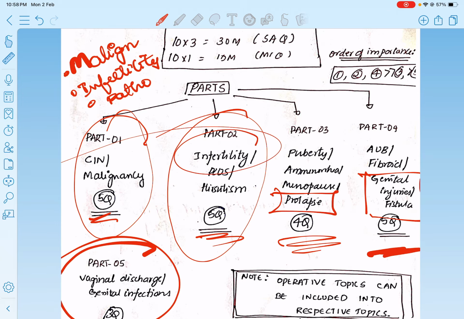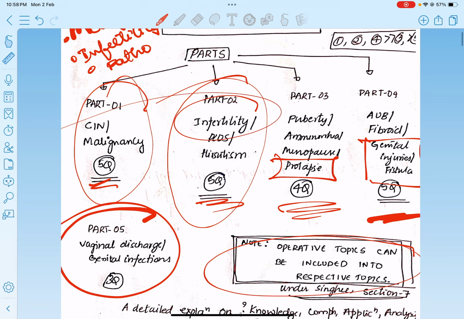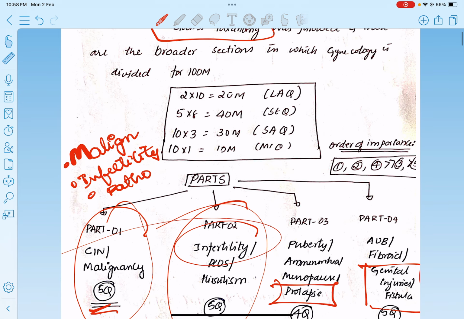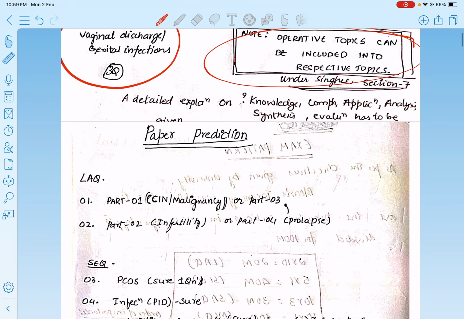If you have an idea on how to go about this, and obviously operative topics have to be integrated, we can see how to place the diseases in such a way that we don't get fumbled during the exam.